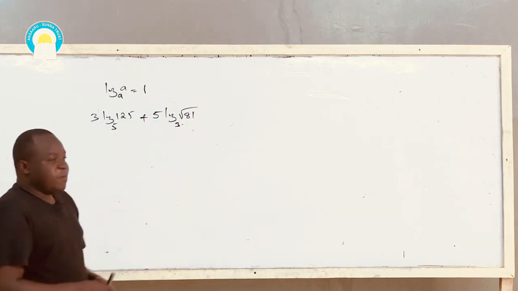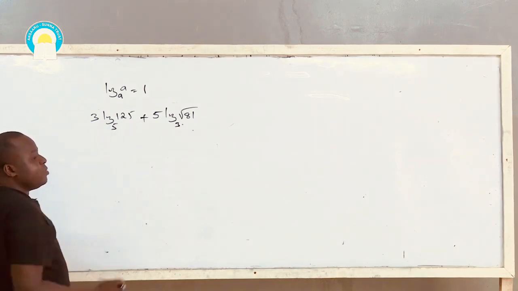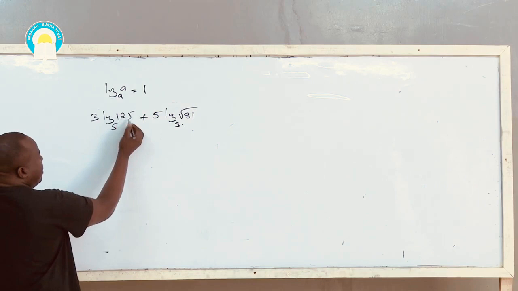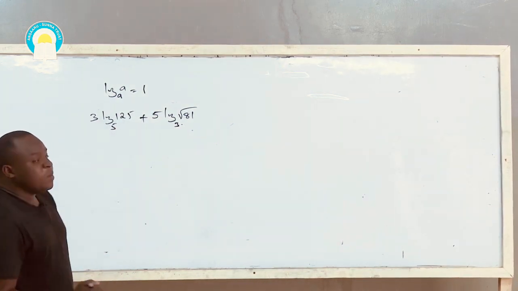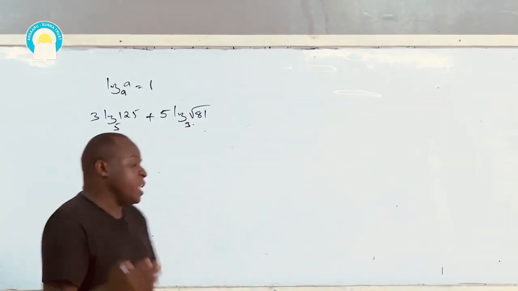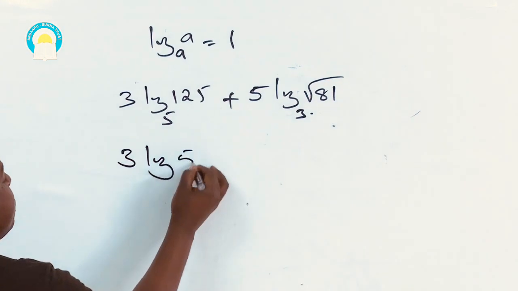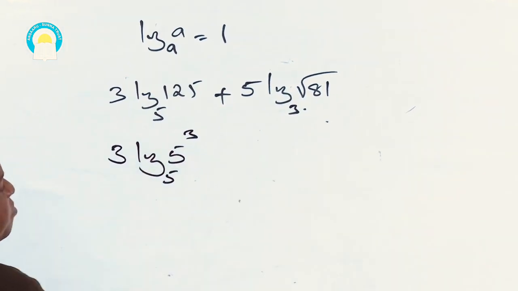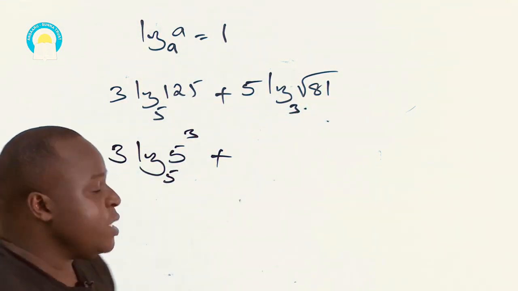So for this question, I can see a 5 here. The first thing to think is, is there any way I can write 125 in terms of 5? Yes. 125 is the same as 5 raised to 3. So this statement here would be 3 log 5 raised to 3 base 5. Plus, how about this? First, I start with the square root of 81.